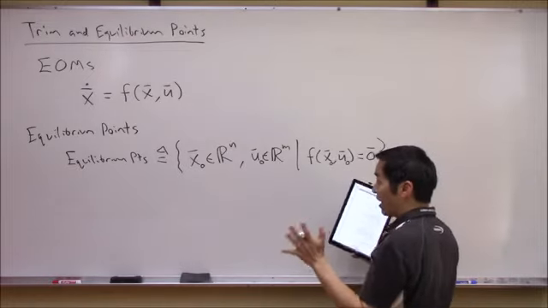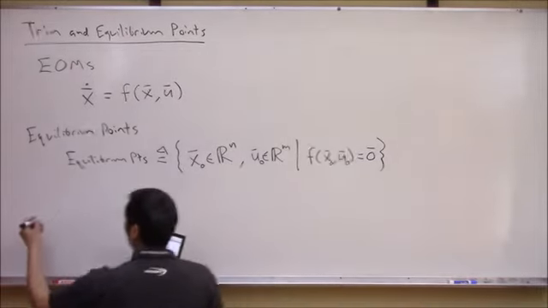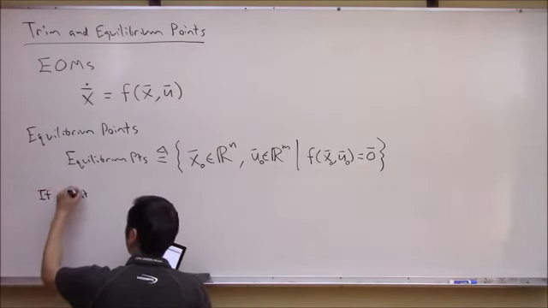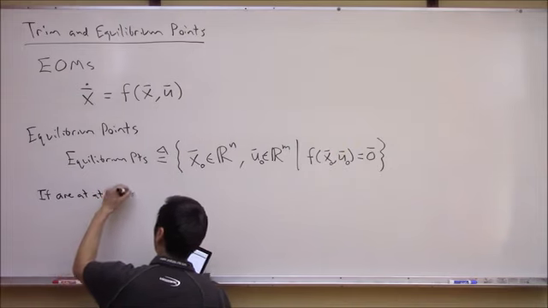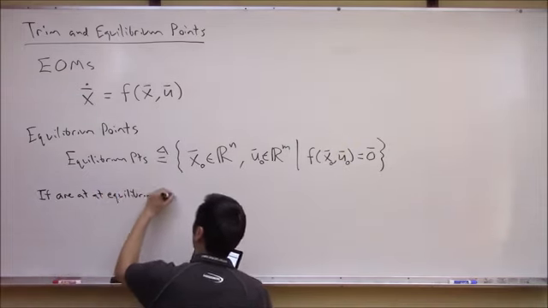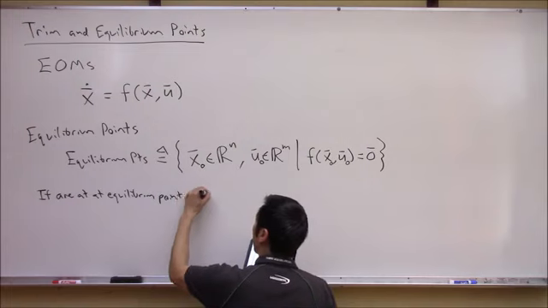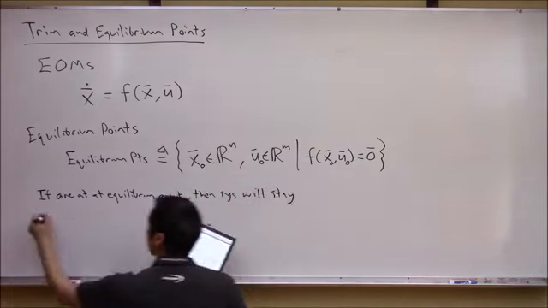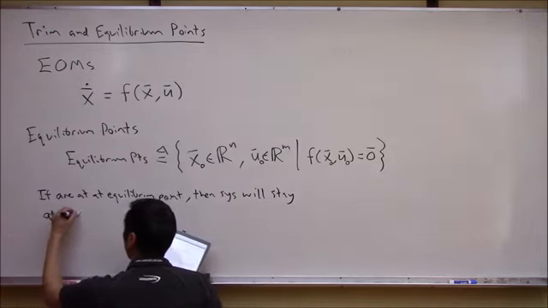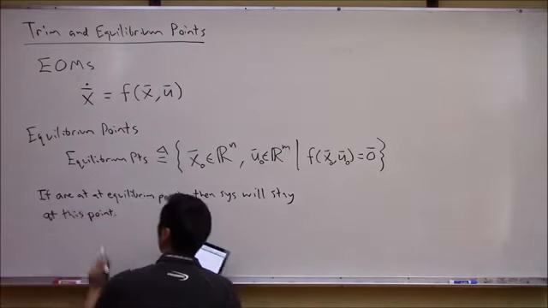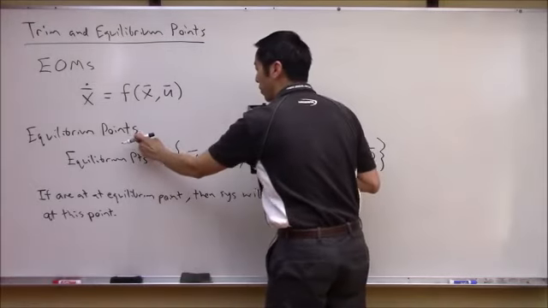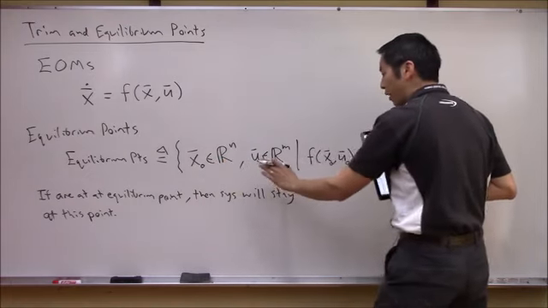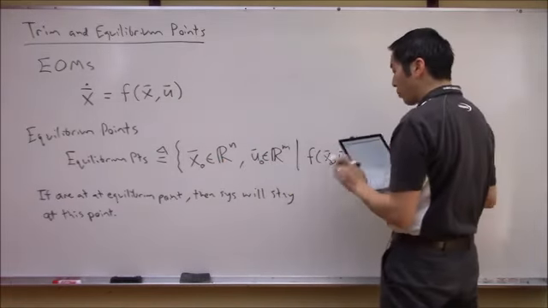So again, the idea with an equilibrium point is, let's write this down, if you are at an equilibrium point, then the system will stay at this point, right? And again, we see that the reason we call them equilibrium points plural, right, is because if you look at this long enough, right, how would you find an equilibrium point?